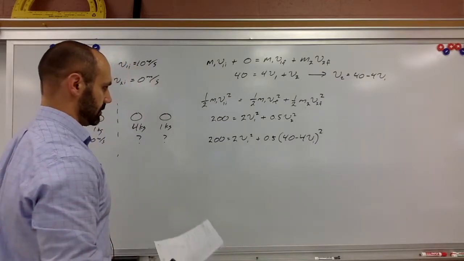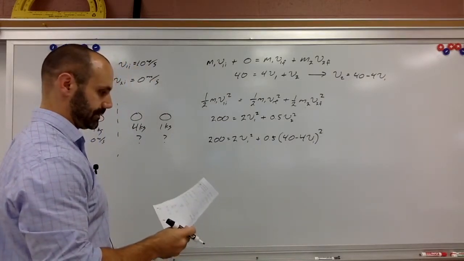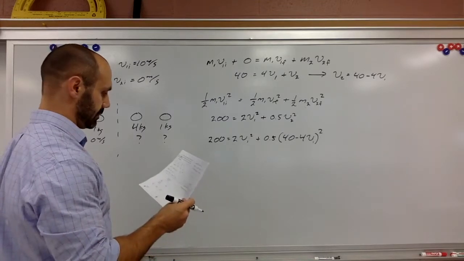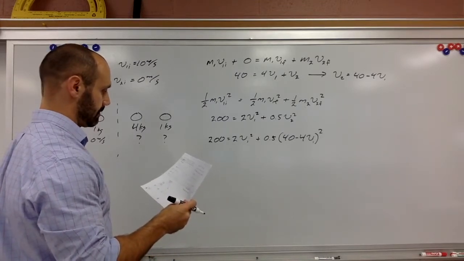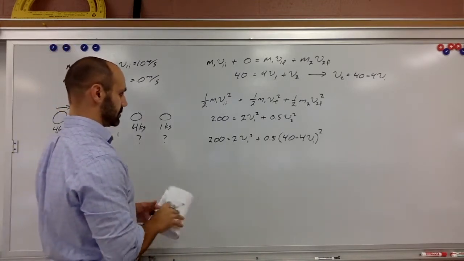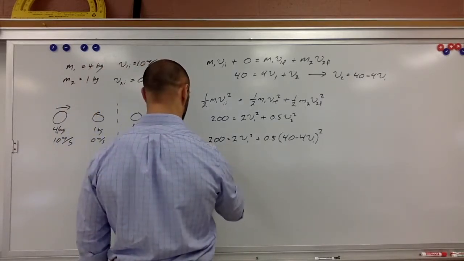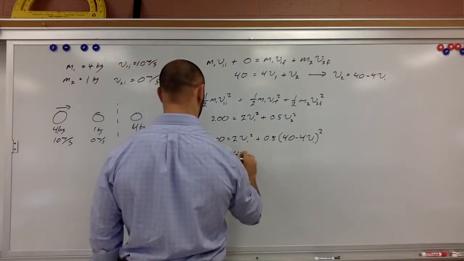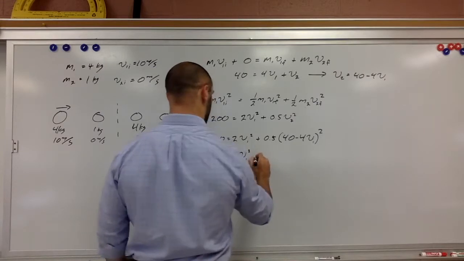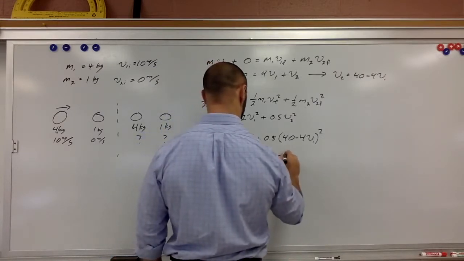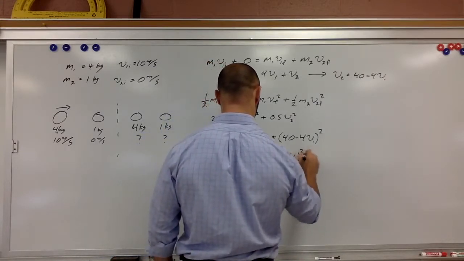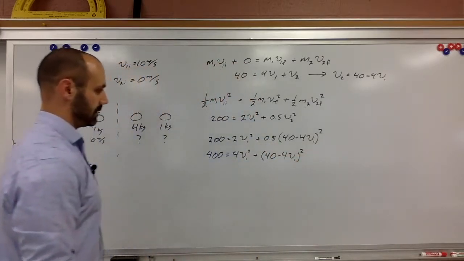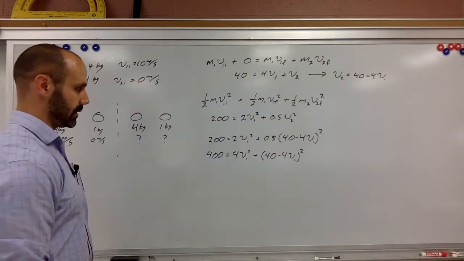Right? And so this is getting pretty ugly. Where did that 0.5 go? Oh, I see what I did. Okay, so to get rid of the 0.5, we're just going to say 400 equals 4V1 squared plus (40 minus 4V1) squared. So now I have one unknown and one equation here.